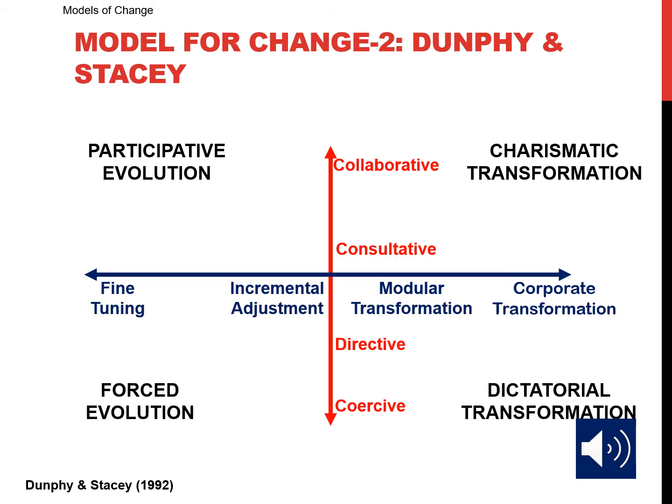In the first quadrant, participative evolution, the style is used when there is collaboration for the project, so most stakeholders and people involved agree with the goals and with what and how to do the project.